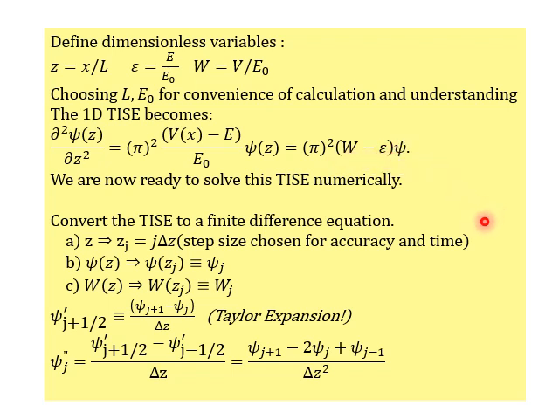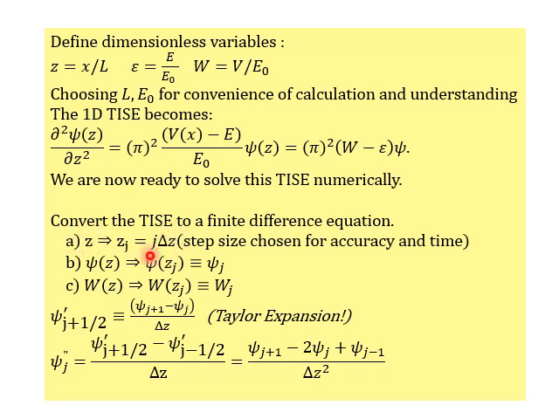All right, now I want to convert this equation into a finite difference equation. Basically, all that we're doing here is employing Taylor expansions. I have to convert my position z into a whole series of steps in z, where j is an integer and delta z is a step size.